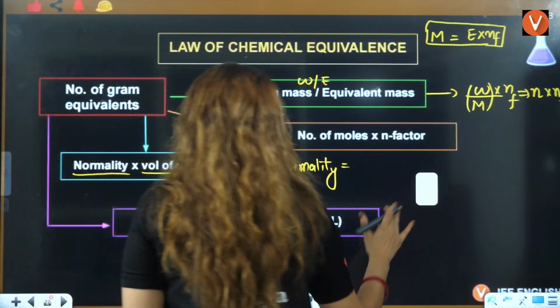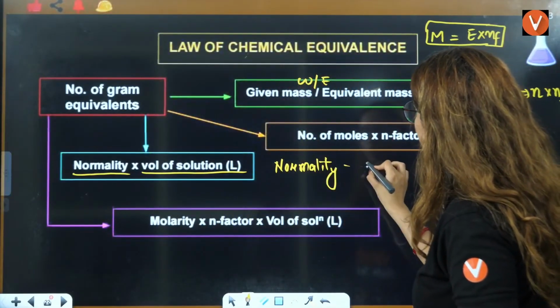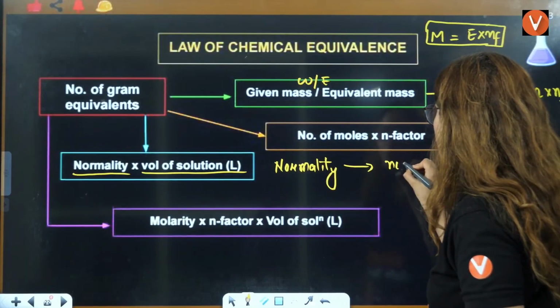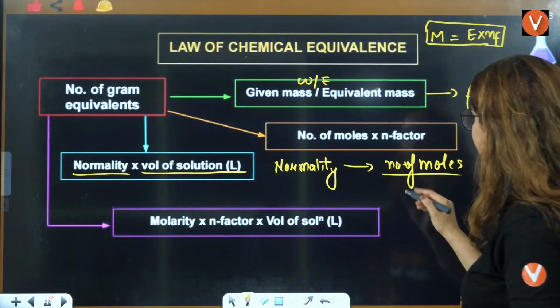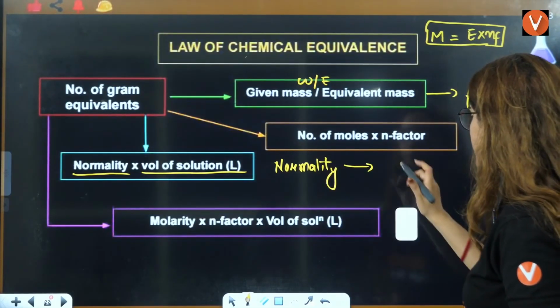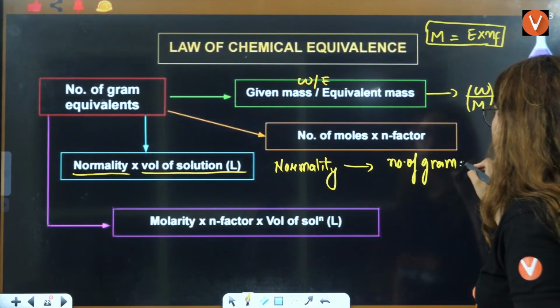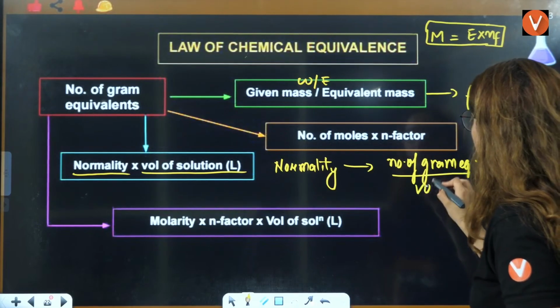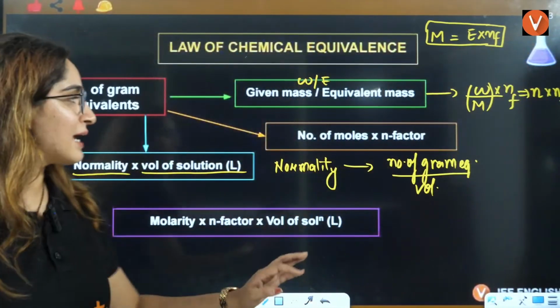Normality, we know, what is normality? Normality is number of gram equivalents divided by volume of solution. Right? That is normality.